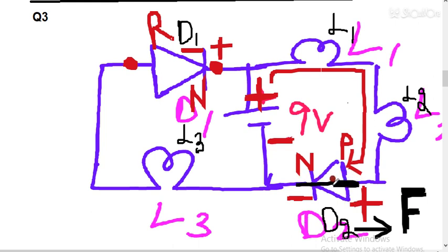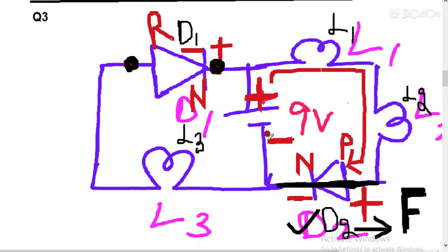So this is the closed switch circuit. Diode D2 will act as a closed switch because it is forward biased. Diode D1 will act as an open switch like this one, because it is reverse biased. Why reverse biased?